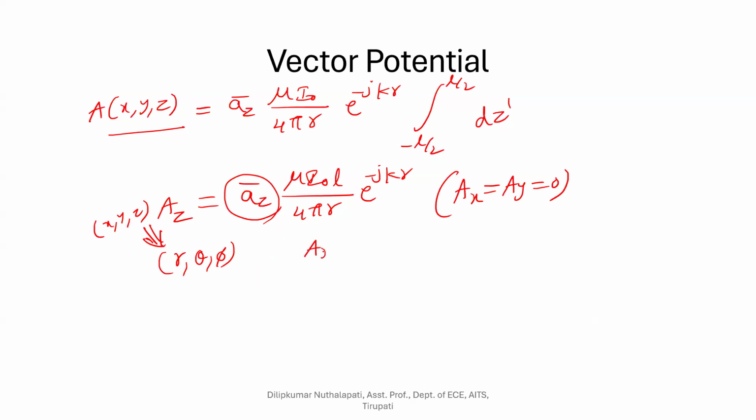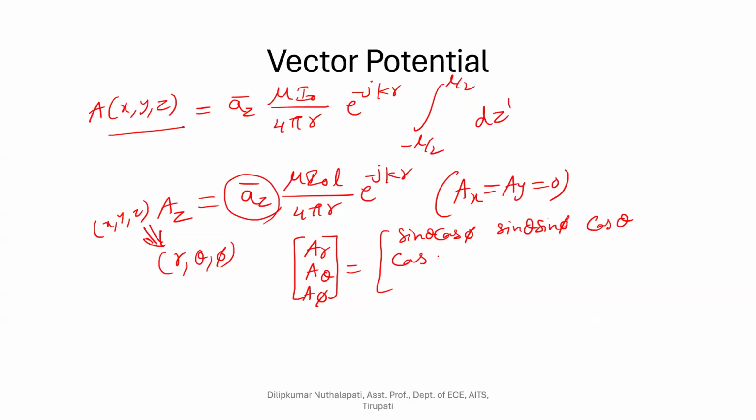For that, we will write the transformation representation ar, a theta, a phi in matrix form, equal to sine theta cos phi, sine theta sine phi, cos theta.